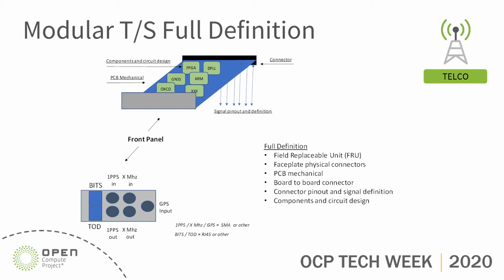And then you can see the various functionalities that you might want to put on a timing sync module here in terms of an ARM processor, DPLL, a GNSS or GPS receiver, the high performance OCXO crystal, and other components that would make this subassembly work.